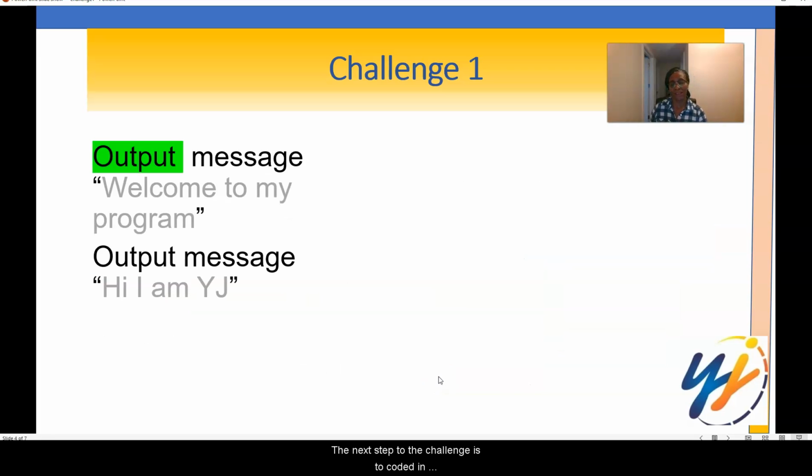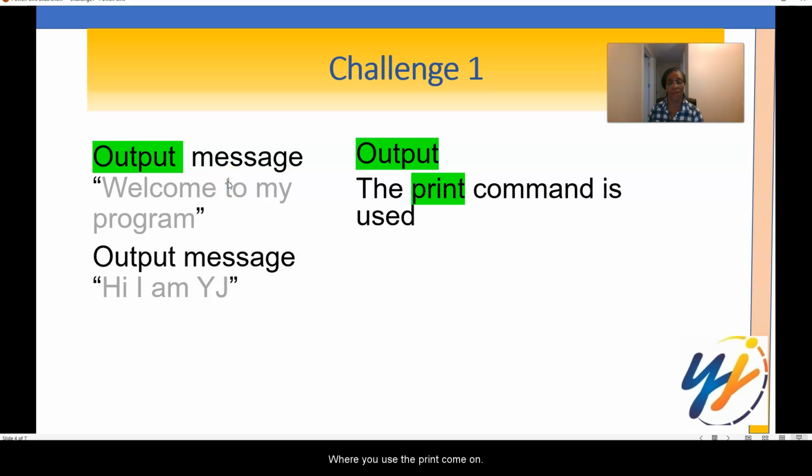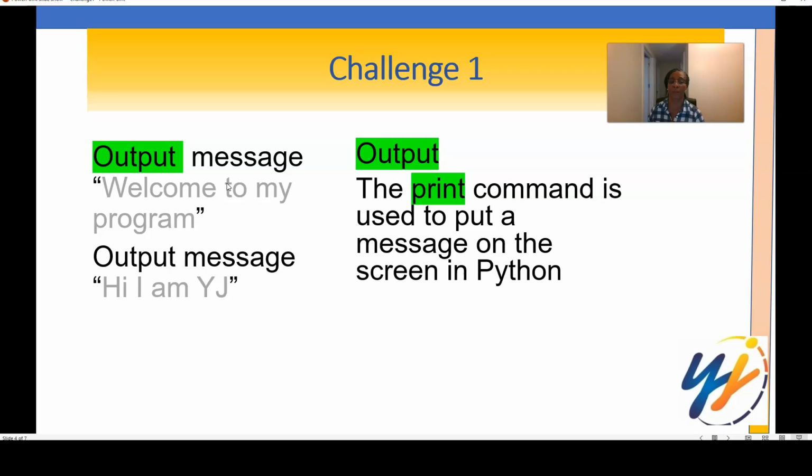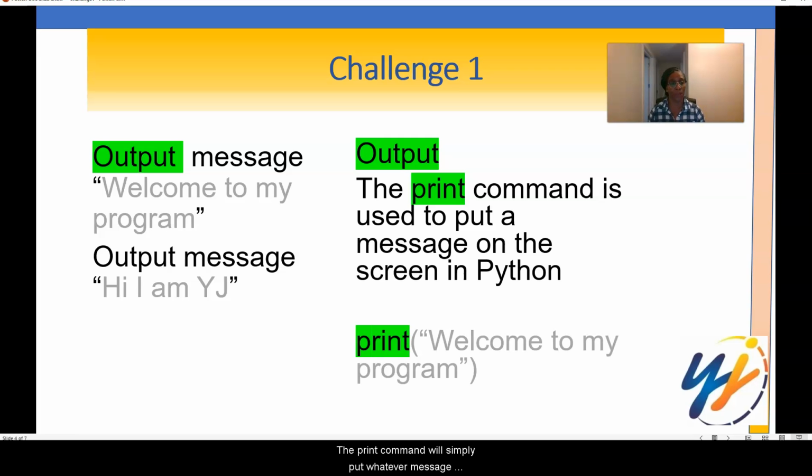The next step to the challenge is to code it in Python. So once you know what you need to do, you know the steps, how do we translate output in Python? That's the key. Output in Python is where you use the print command. The print command will simply put whatever message is within the brackets onto the screen. If you look at the example I have here at the bottom: print, open brackets, quotes. The quotes are important in this case because what we're putting on the screen are a series of words.